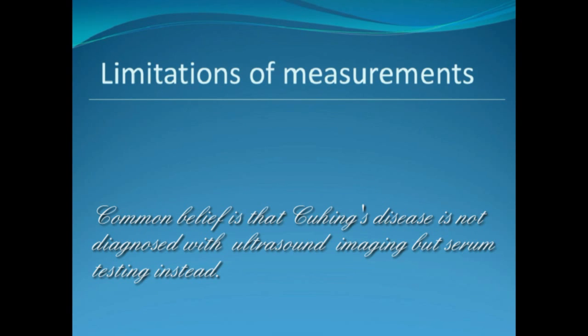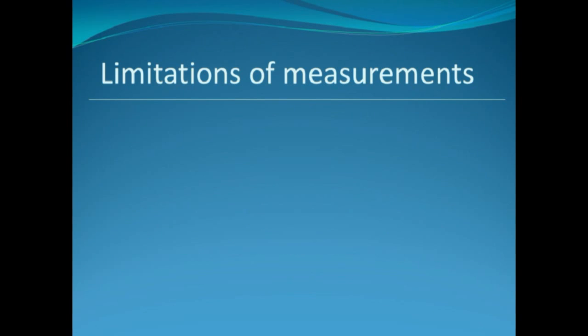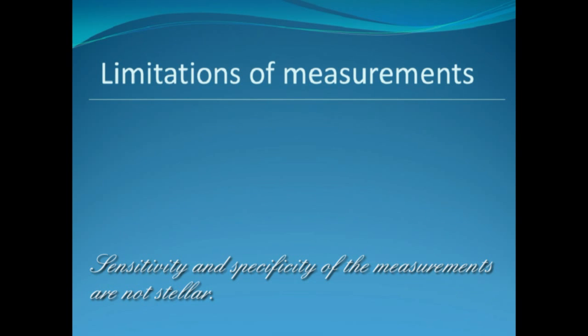The common belief is that Cushing's disease cannot be diagnosed by ultrasound imaging, but by serum testing alone or biochemistry. I'm going to challenge that today. The sensitivity and specificity of the measurements is not really stellar, as you look at the arguments in the published literature.